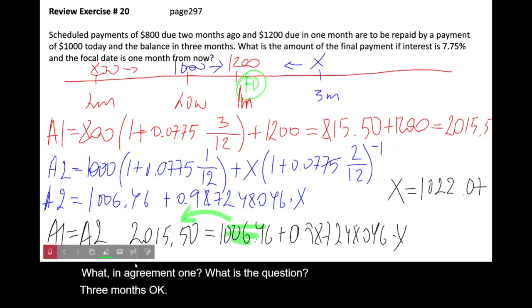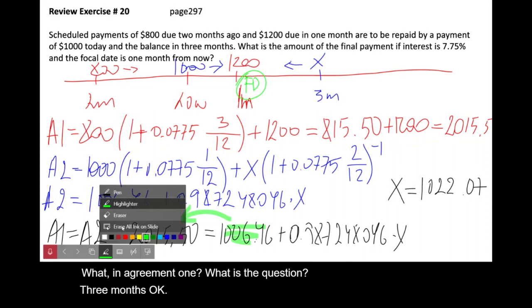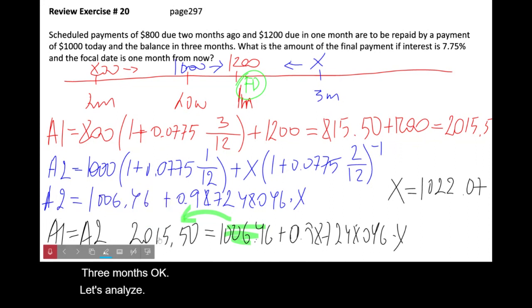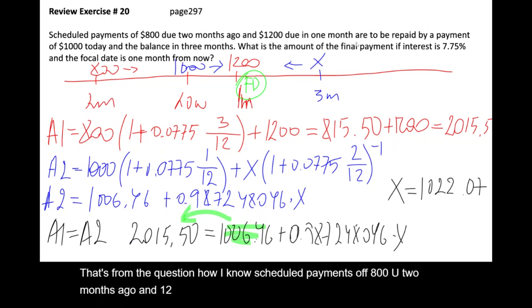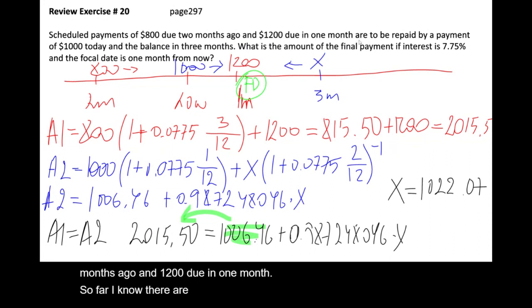Okay, let's analyze. How do I know? First, let's read the question. Scheduled payments of 800 due 2 months ago and 1,200 due in 1 month. So far I know there are two payments.